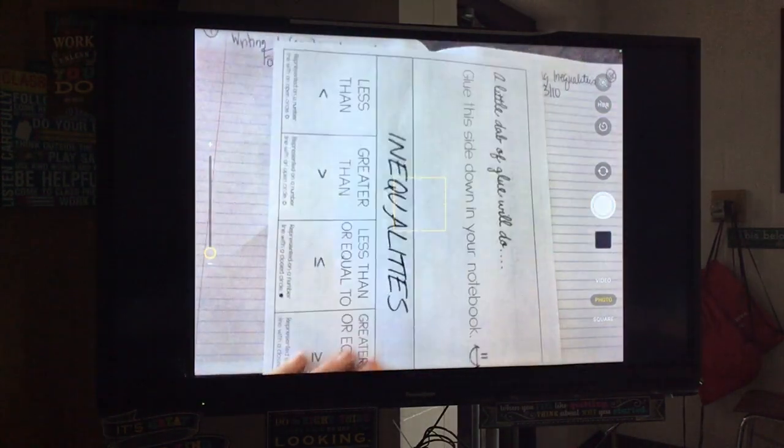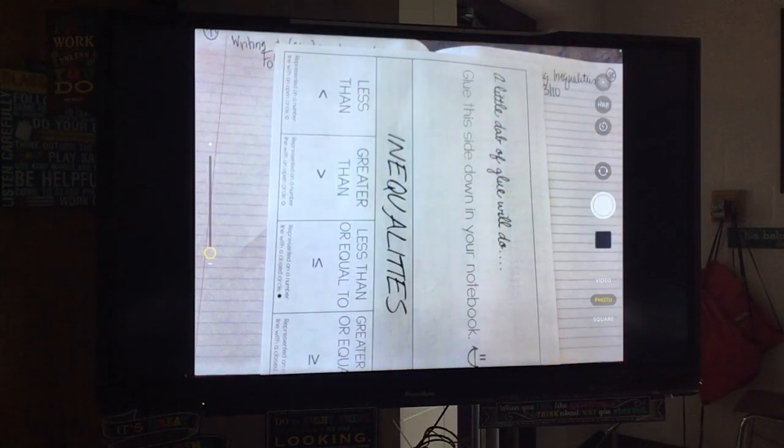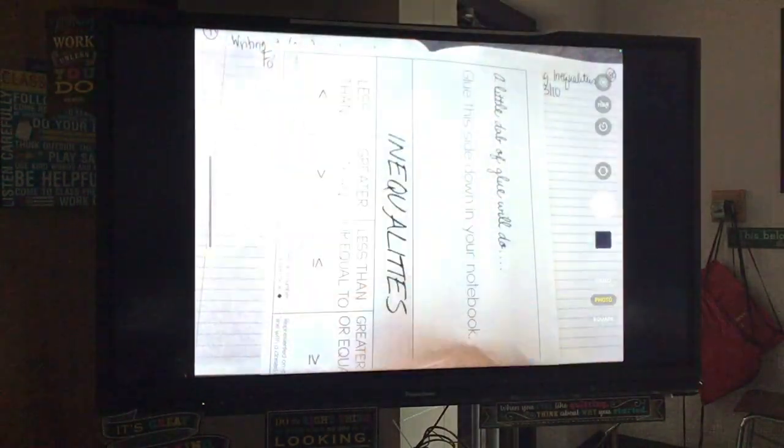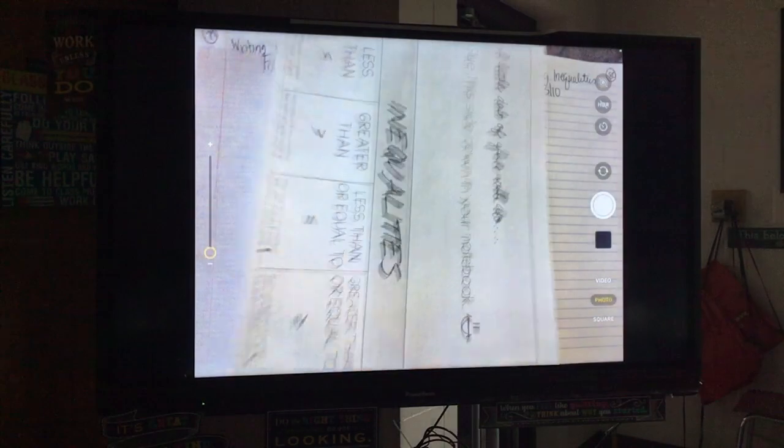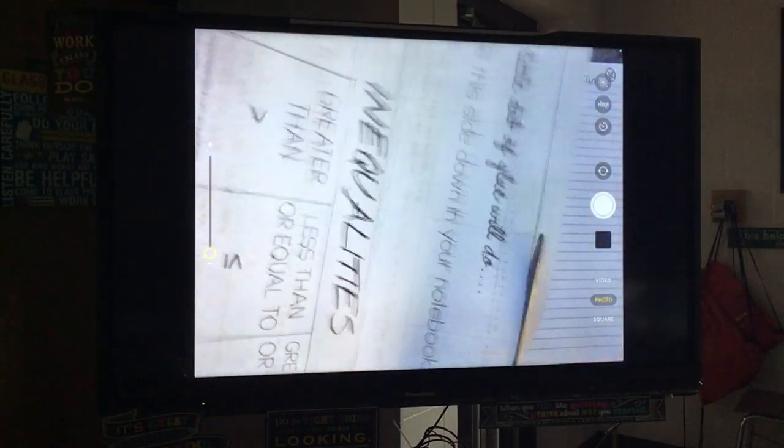Now, I need you to put your foldable like this, facing up, and you are trimming off the extra white. So you're just cutting around the black rectangle on your paper.